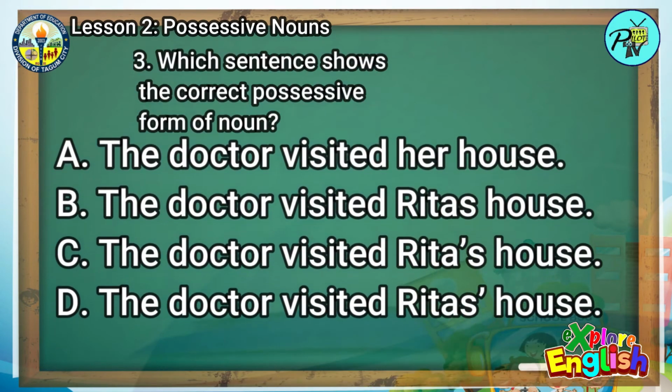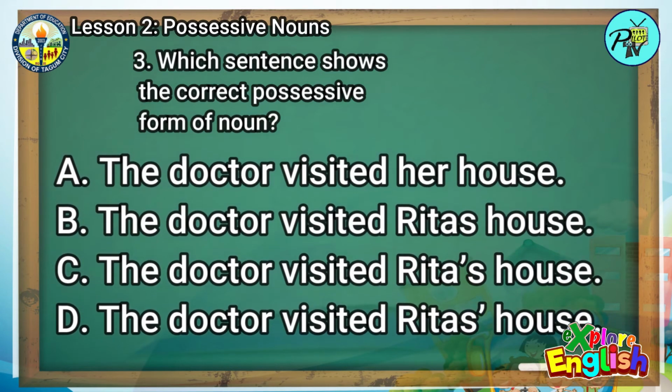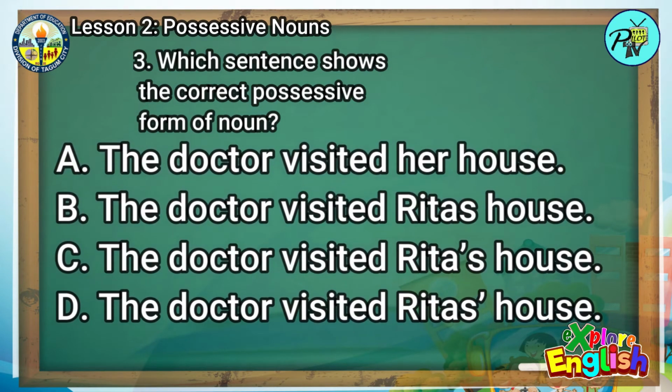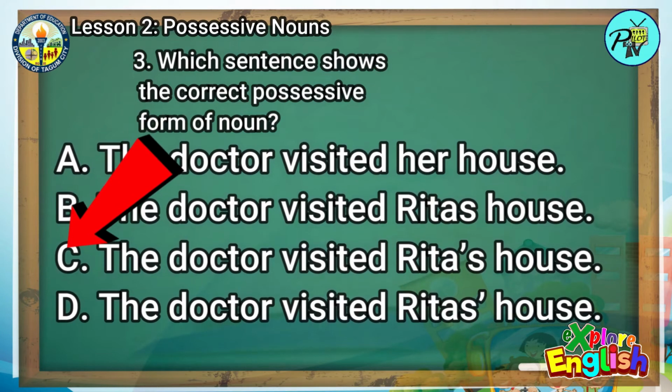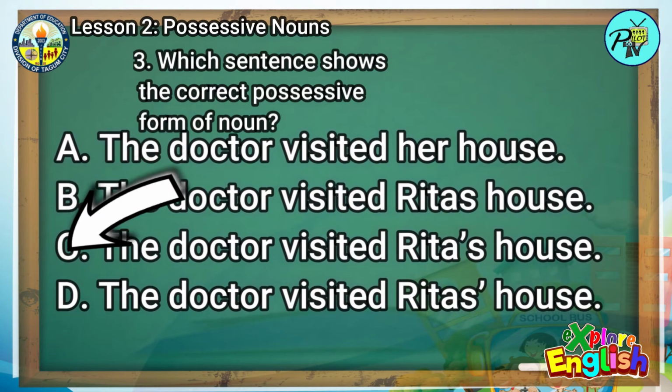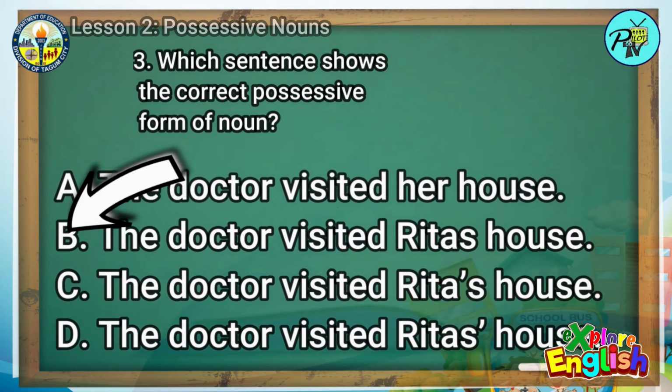A. The doctor visited her house. B. The doctor visited Rita's house. C. The doctor visited Rita's house. Letter D. The doctor visited Rita's house. What is your answer? The correct answer is letter C.